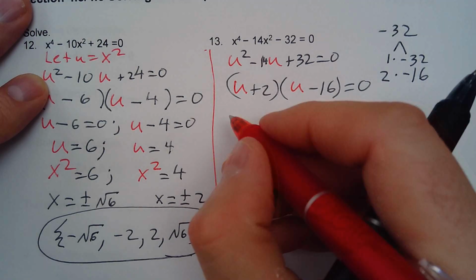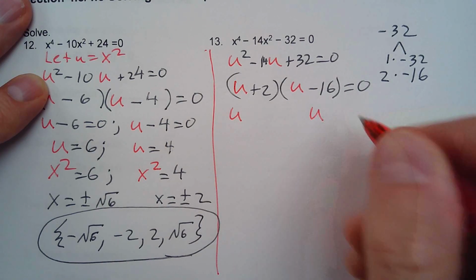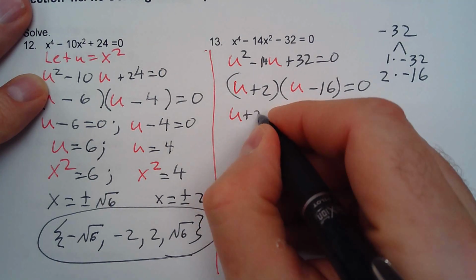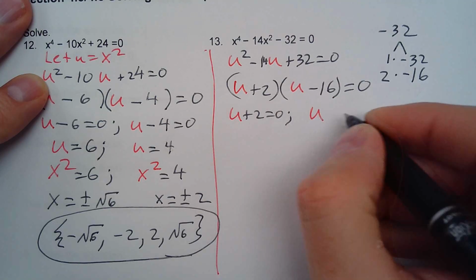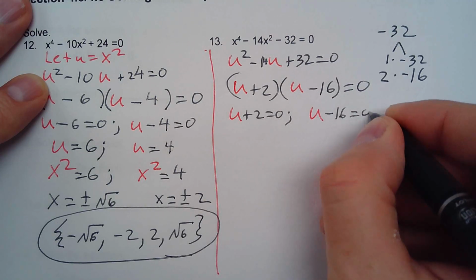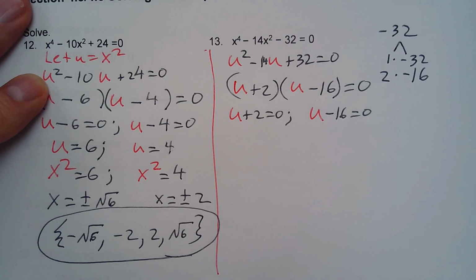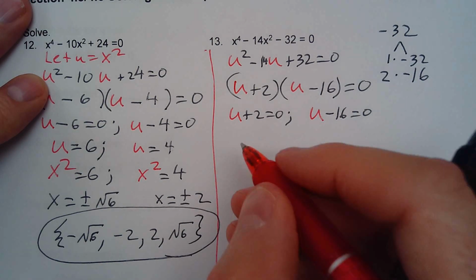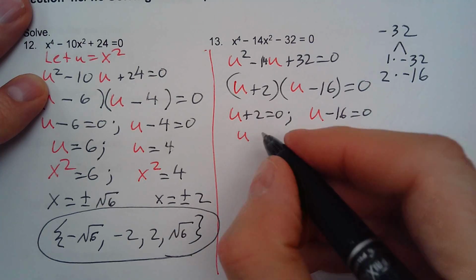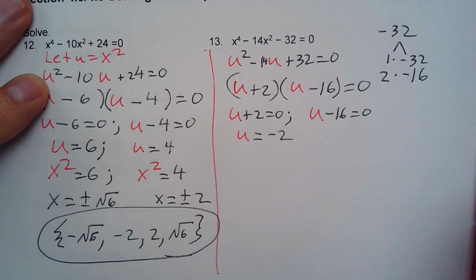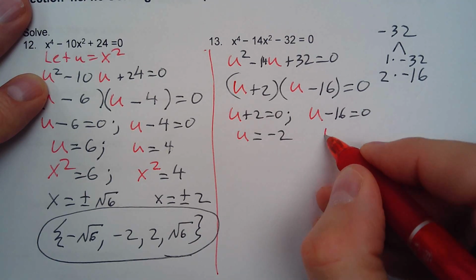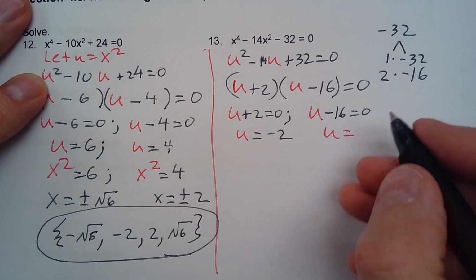I'm going to set each of these equal to 0 and solve. So when I subtract 2 from both sides on the first one, I get u equals negative 2. And I go ahead and add 16. On the second one, I get u equals positive 16.